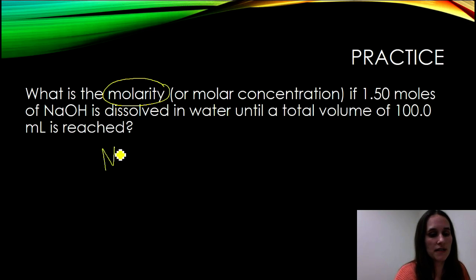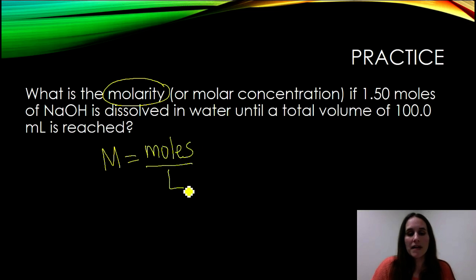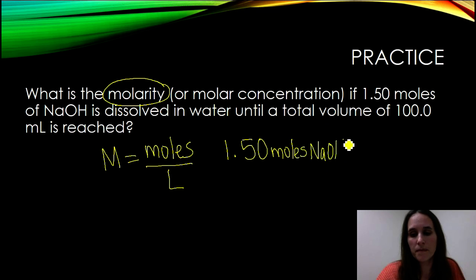So we just discussed molarity is moles per liter. So if I'm calculating the molarity of this solution, I have 1.5 moles of sodium hydroxide, and I divide it by 100 milliliters.